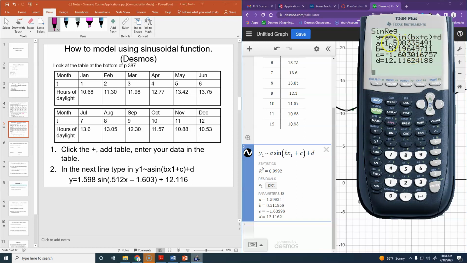Rounding to 3 decimal places, it doesn't actually change it. But if you look at C, I've got negative 1.60298, and here I've got negative 1.6030016. So there's a little bit of variation. Sometimes it will affect what you've got if you round to 3 decimal places, sometimes it will not. I will go back and adjust for that on the quiz.